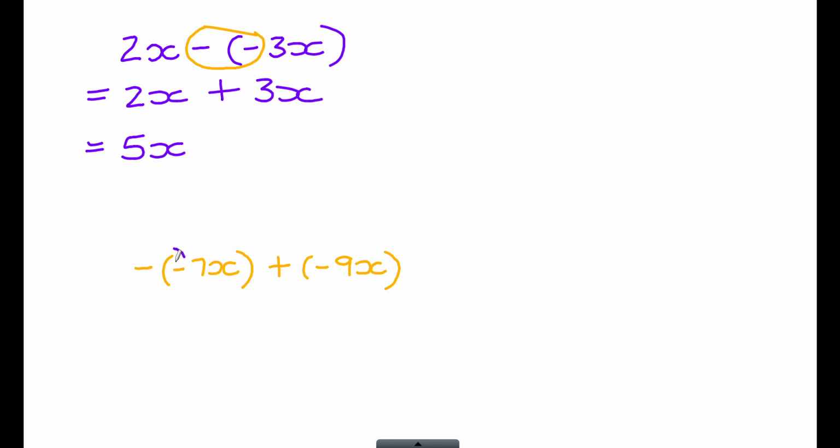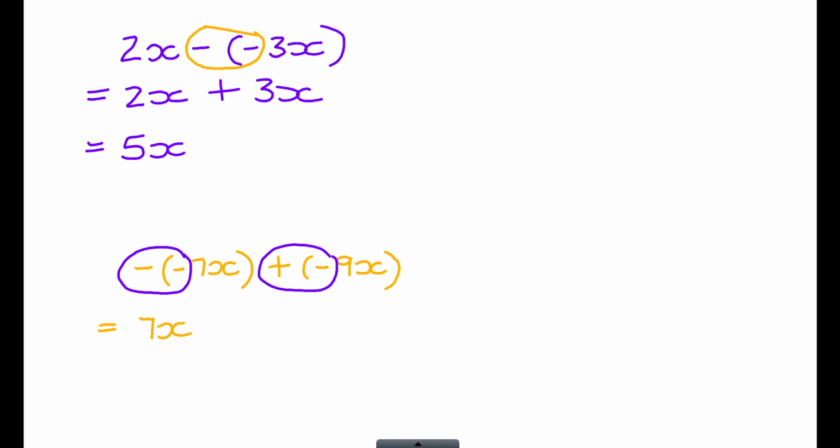Let's look at the next example. Over here, I've got two signs and two signs. So minus times a minus is going to become a positive. Do I have to write positive? Not here, because there's nothing in front of it, so we assume that it's a positive 7x.